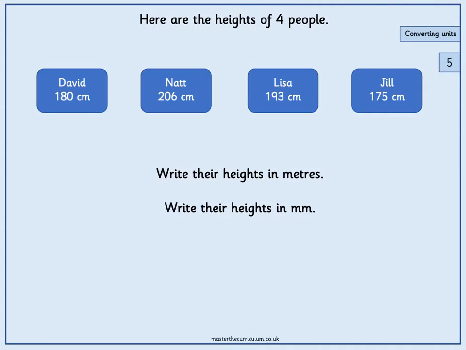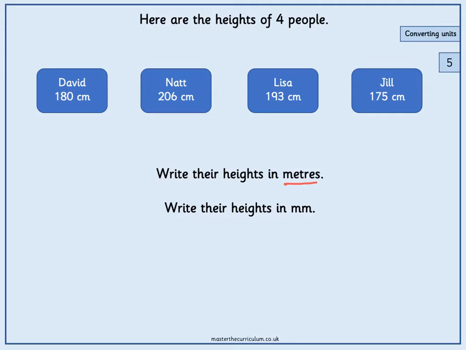Okay, so for this one, here are the heights of 4 people. David is 180 centimeters. Nat is 206 centimeters. Lisa is 193 centimeters and Jill is 175 centimeters. So write their height in meters first of all.